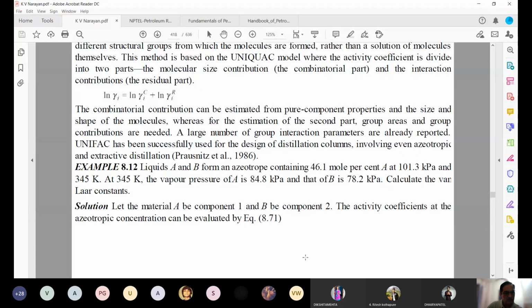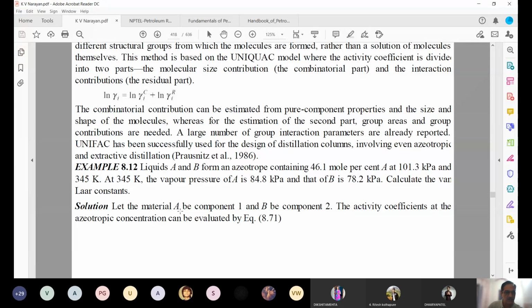This is a solved example in the book, but we'll solve these before you go to unsolved ones, because most of the examples you see in the exam are solved examples from Narayanan. This example 8.12 was asked in the 2070 final exam. So it is better to go through these, because most of them will be solved examples. Some are unsolved, we'll see those.